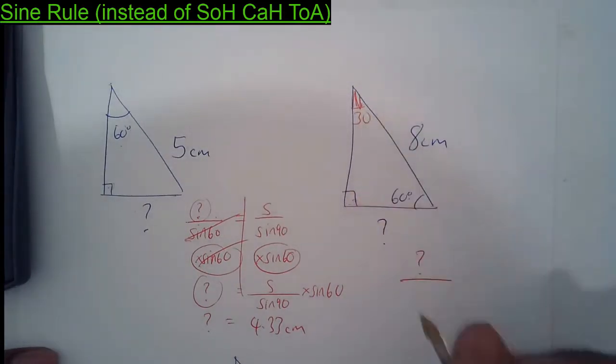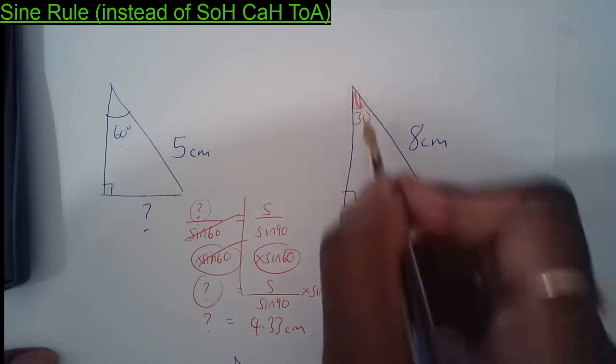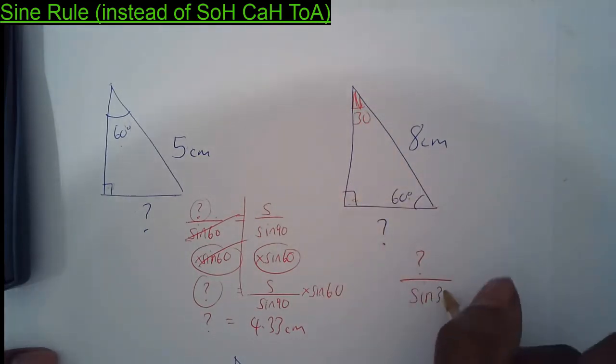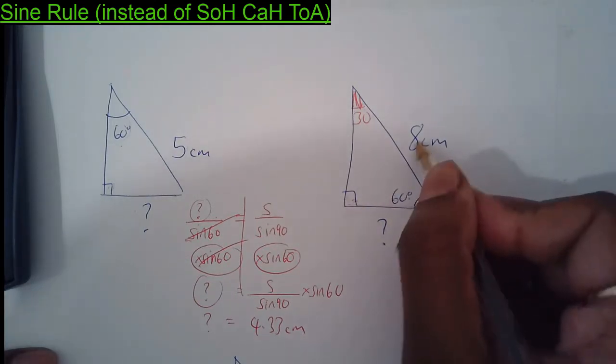So they can be paired up. Mr. Side, question mark, is married to sin 30. Remember, angles are always sinners. And the other couple is over here. This is attracted to sin 90.